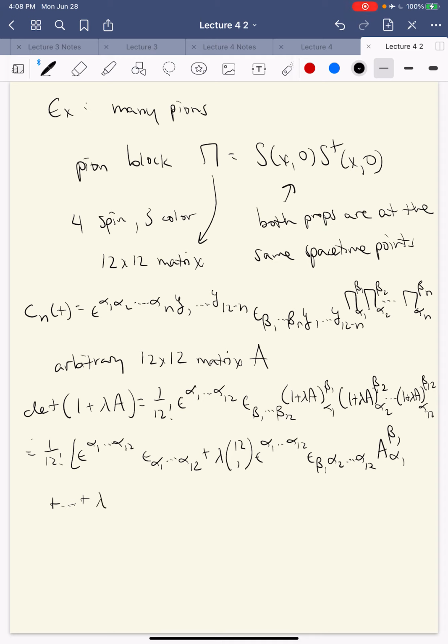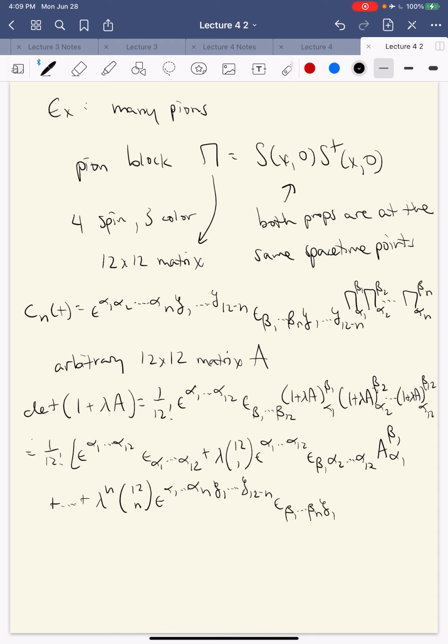So the nth term has lambda to the nth power. There are 12 choose n ways to get this term. And then we have n open alpha indices here, and then we have n open betas.